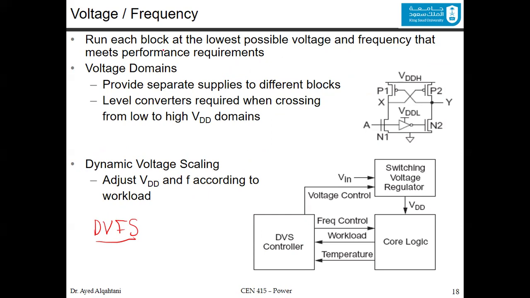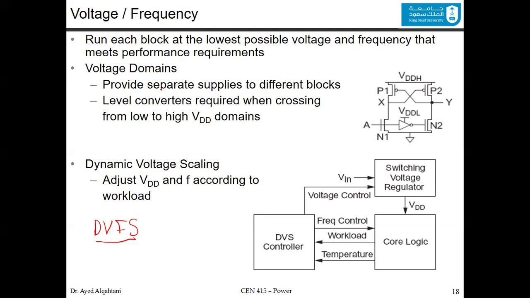The idea here is to run each clock at the lowest possible voltage and frequency that meets the performance requirements, and we focus on the non-critical paths. We don't want to reduce the frequency of the critical path because it will directly affect the performance. For the non-critical path, we can do the scaling.